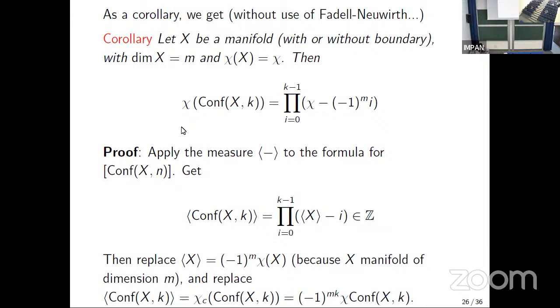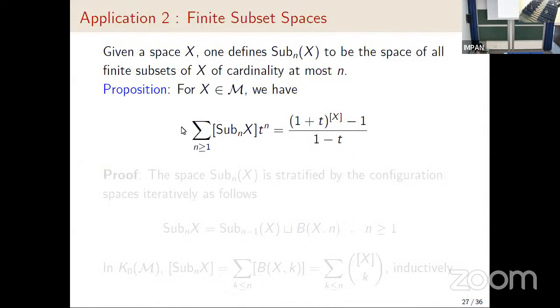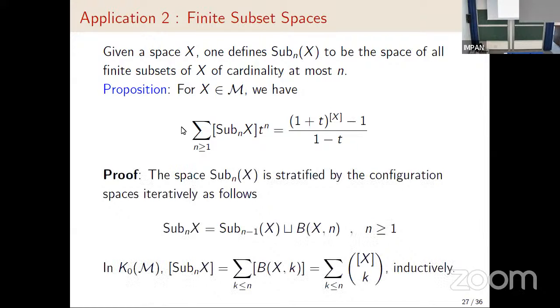But now you have to know that when X is a manifold, this is a manifold, so this is -1 to that power, and X is -1 to that power. And that's it. You replace here and here, you get this form. There's two lines. You get this, which is not published. I was surprised. I worked on the subset spaces a while ago. And it's two lines. Right.